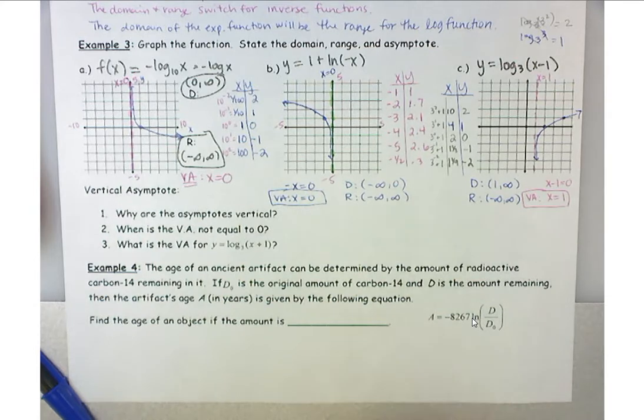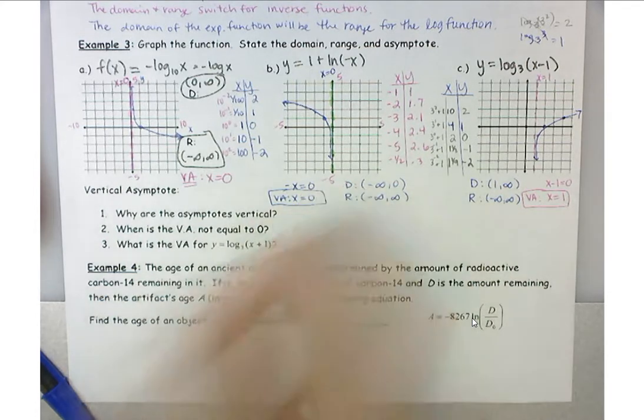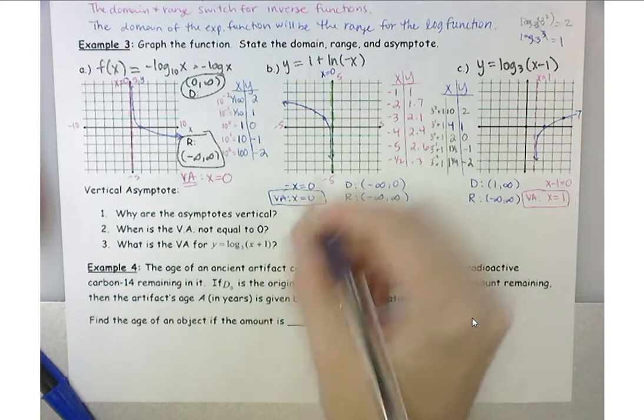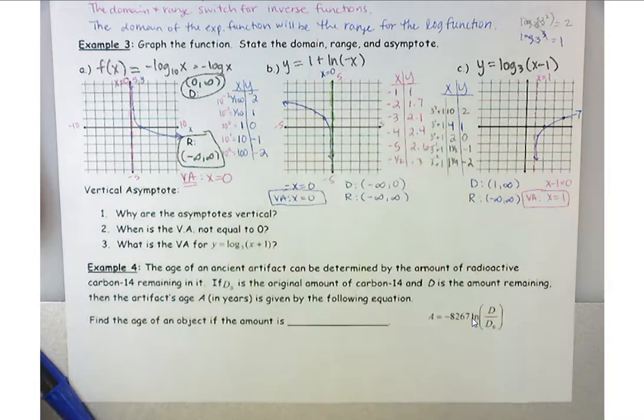Okay, so the asymptotes are vertical because they represent where the domain is undefined, and since you can't take the log of 0, they are going to represent the values that make whatever's inside 0.